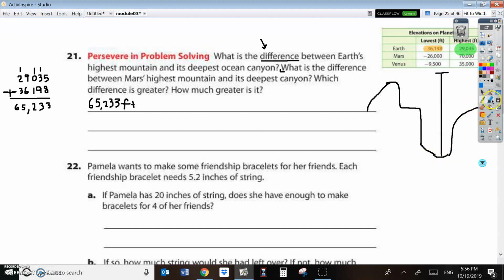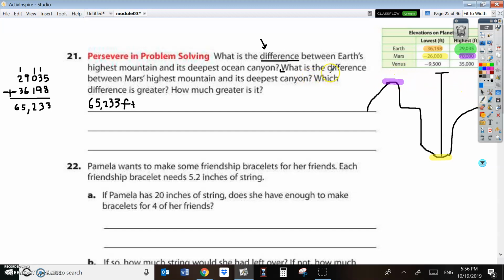Okay, so now let's look at Mars. Mars's lowest is negative 26,000. Right there is going to be negative 26,000. Mars's highest point is 70,000. So this will be 70,000 here.